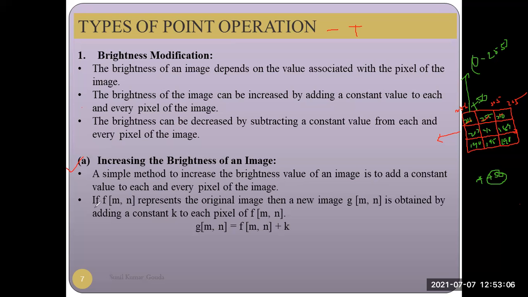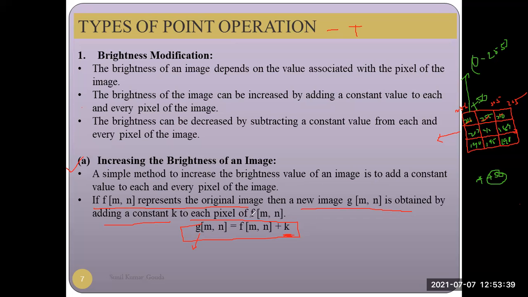For example, if f(m,n) represents your original image, and g(m,n) represents your enhanced image, which is obtained by adding a constant value k, then this is my mathematical equation: g(m,n) = f(m,n) + k. This is the enhanced image, obtained by adding a constant value k to the original image.